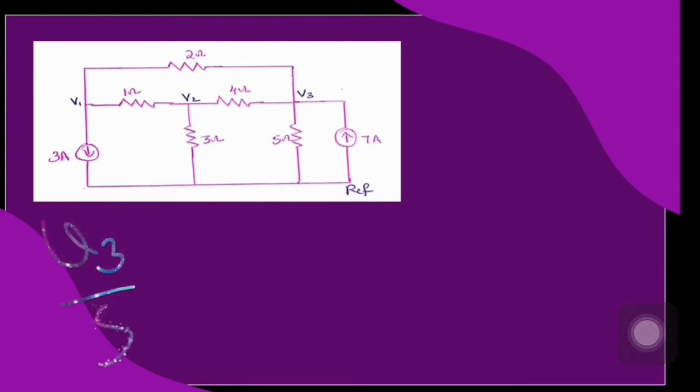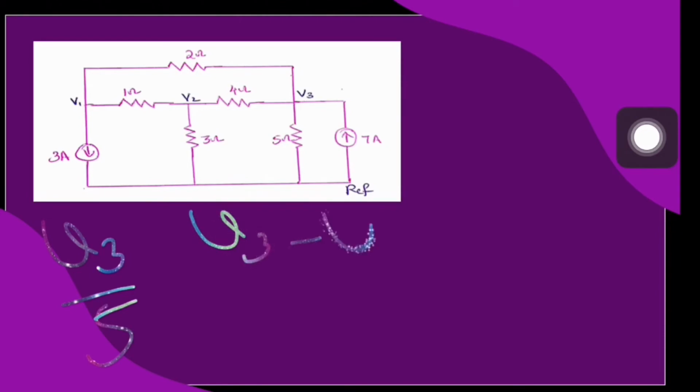Now let us find out the expression of all these 3 unknown outgoing currents. When you look at this 5 ohm, you can see one end of it is at potential V3 and other end is at 0 potential. Correspondingly, the current through this 5 ohm in downward direction can be written as V3 by 5. Then one end of this 4 ohm is at potential V3 and other end is at potential V2.